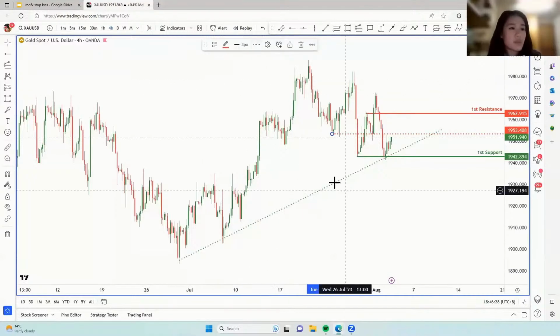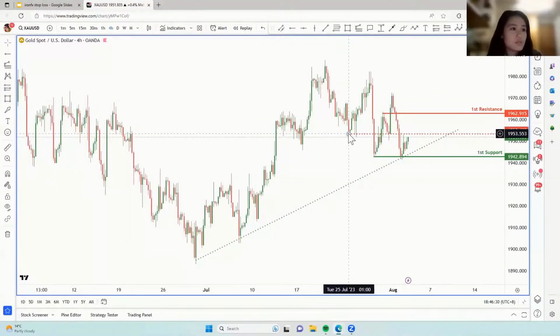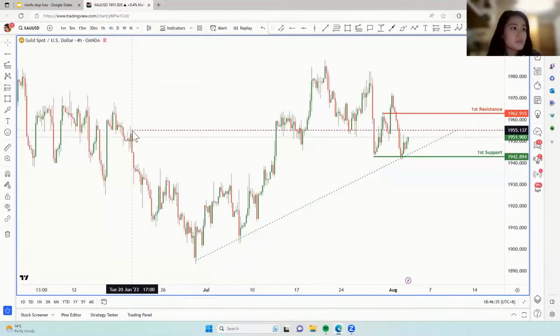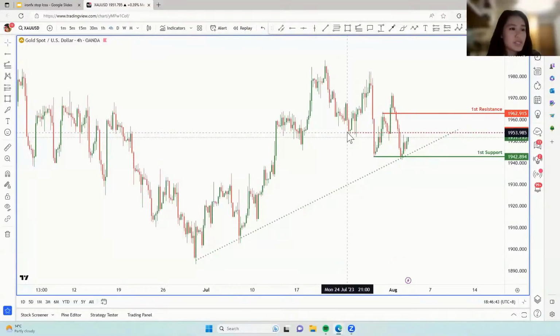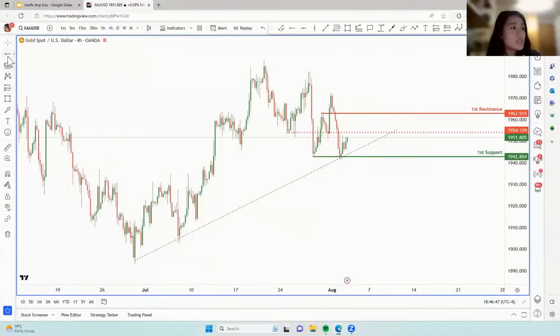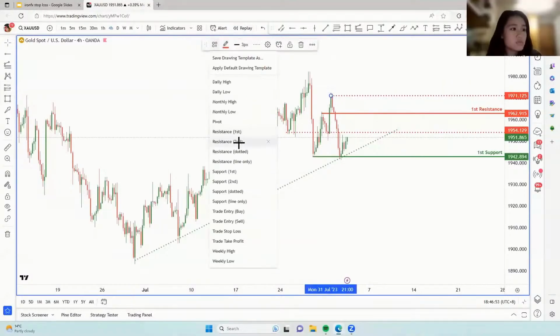So I just want to keep that in mind. Okay, I try to pull it back as far as I can, but I'm cutting too many candlesticks over here. Okay, next, our second resistance here.